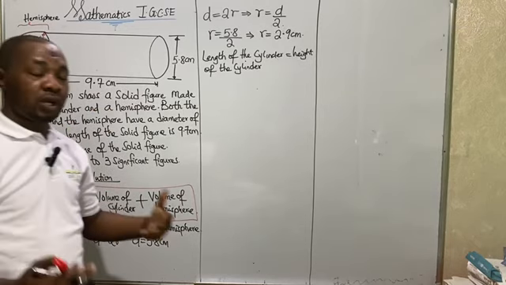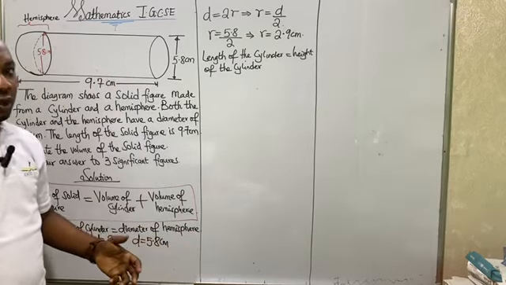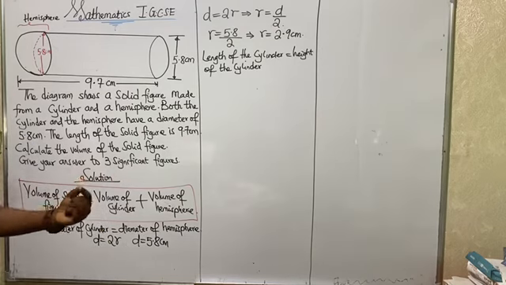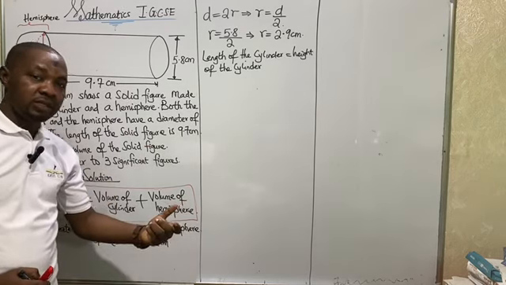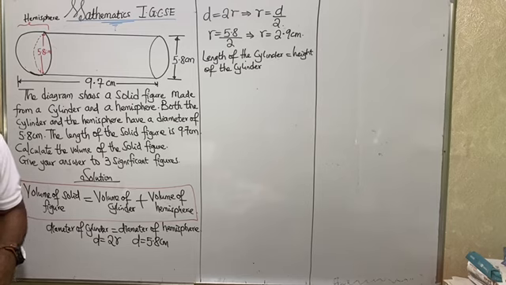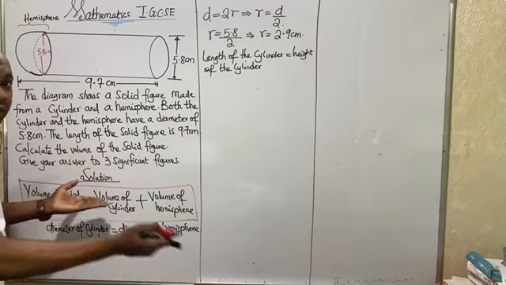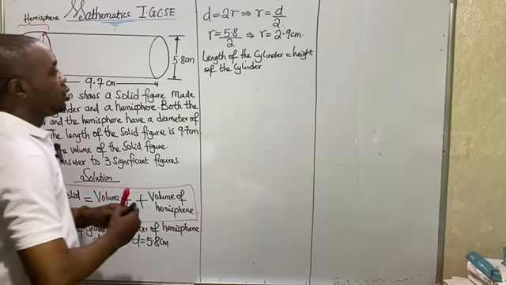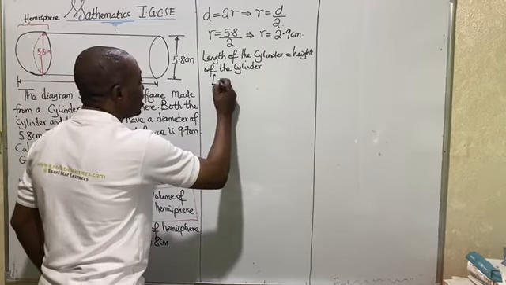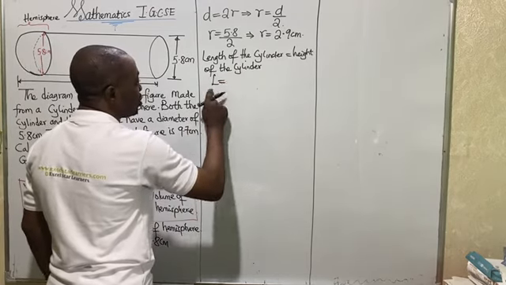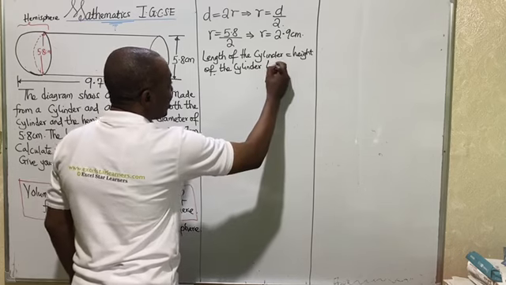To calculate the volume of a cylinder, we multiply the area of its circular part by the height. In this case, because it is placed horizontally, let's say the length of the cylinder is LC.